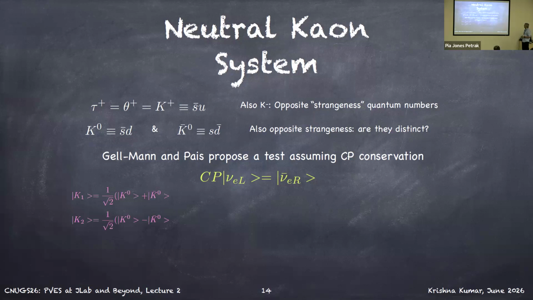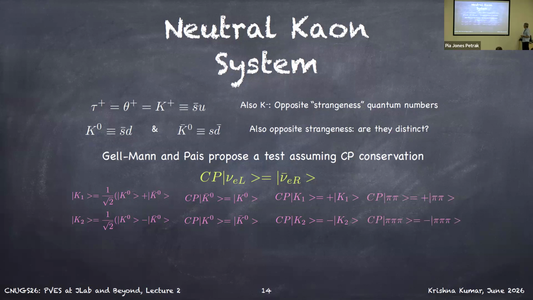They proposed to make linear combinations of the K0 and the K0 bar and call this one K1, and this combination K2. Why would they do that? Because if I do a CP operation on K0 bar, I get K0. If I do a CP operation on K0, I get K0 bar. And therefore, if I do the CP operation on K1, I get plus K1. If I do the CP operation on K2, I get minus K2.